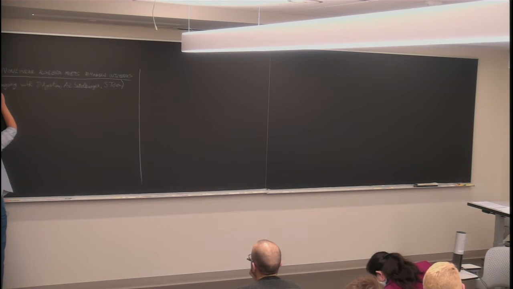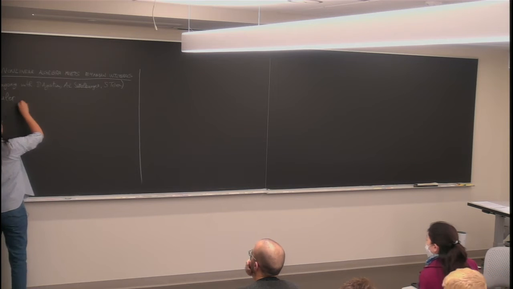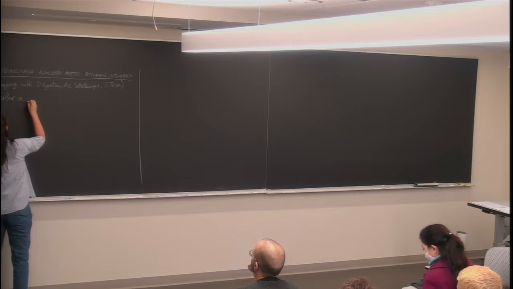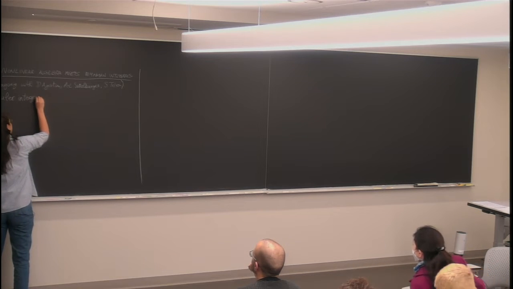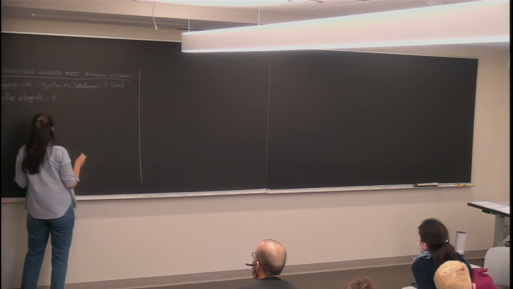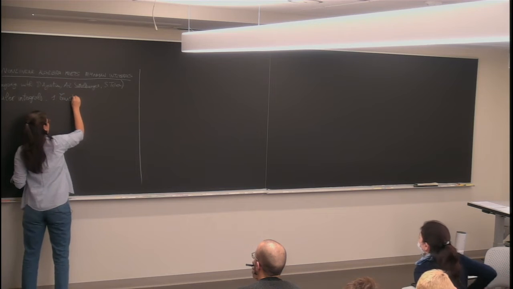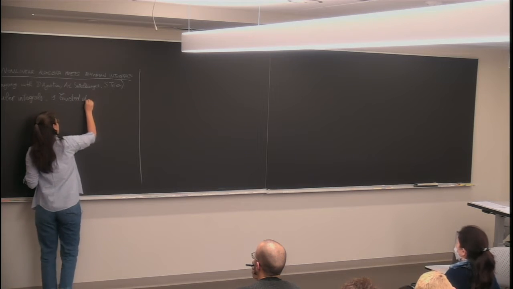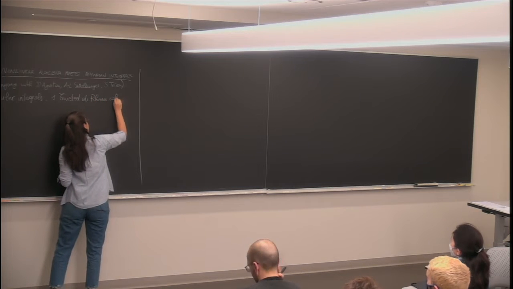So the goal is to talk about these type of integrals, which are in the literature called Euler integrals. And in particular, in part one, we'll be looking at the connection with what's called the twisted de Rham cohomology.